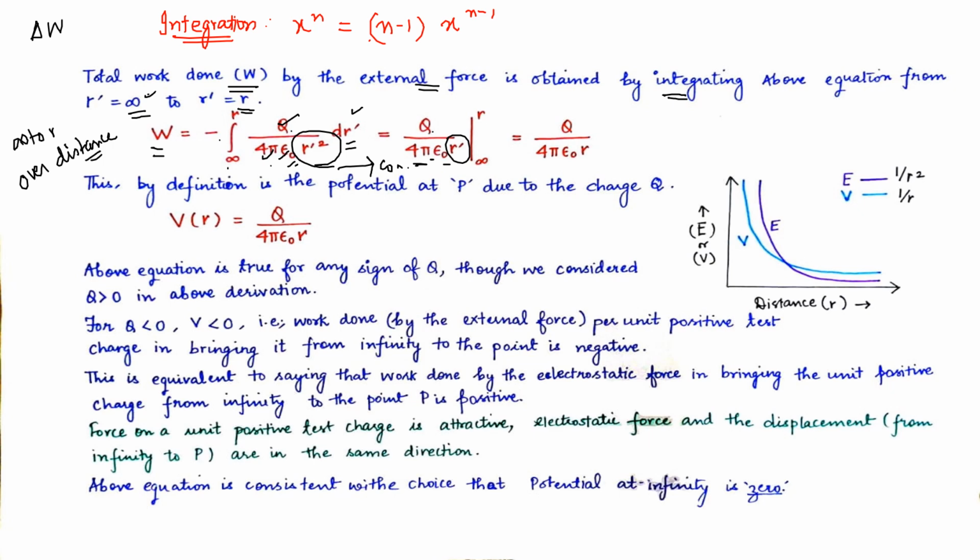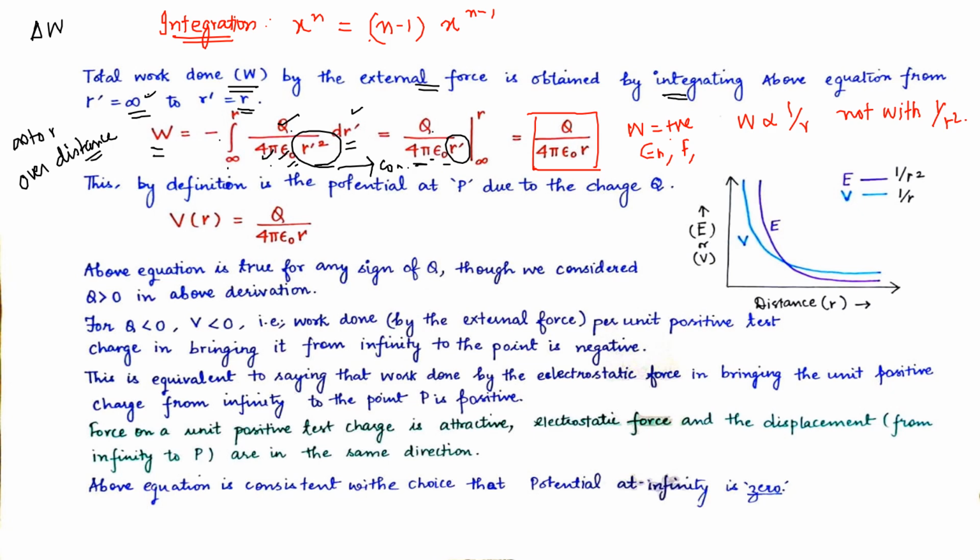So that's how it has been integrated, and at the end we get the result Q by 4 pi epsilon naught into R. Here our work done is positive, as we have seen, and this work done has a relation with 1 by R, not with 1 by R square as in the case of energy and in the case of force.